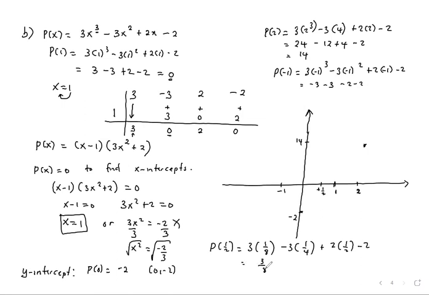So we get 3/8 minus 3/4 plus 1 minus 2, giving us 8 down, and then 3 minus 6 over 8 is -3/8, so we get -8 minus 3, that's -11/8. This is -1 point something, which is less than 2.